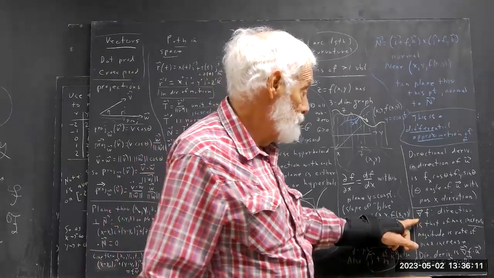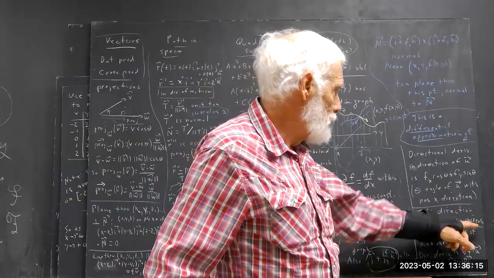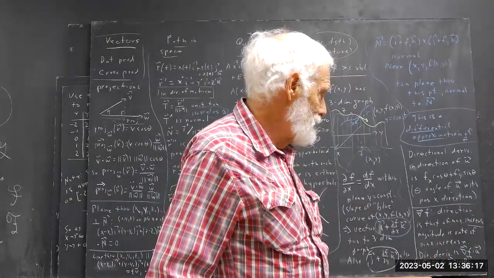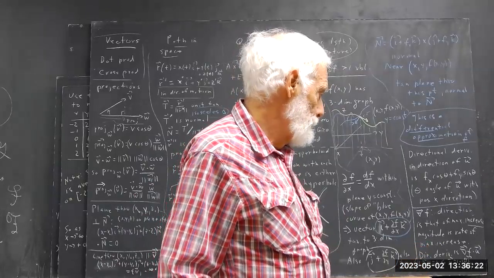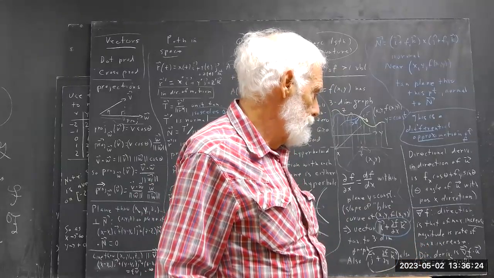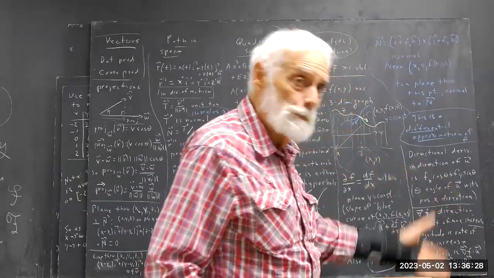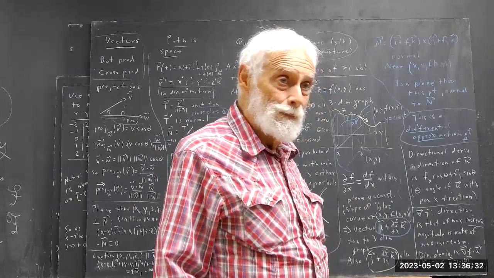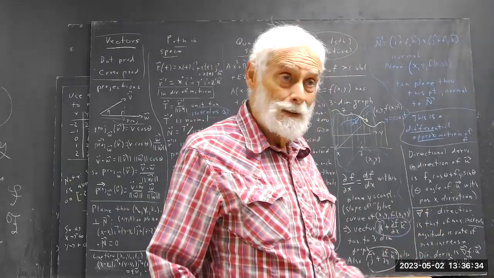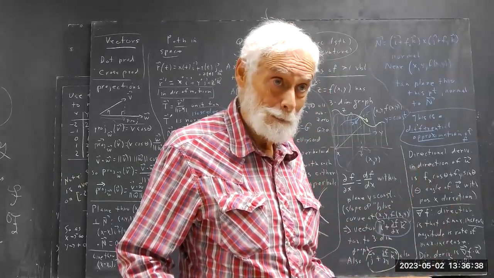All right, well, gradient of f is the direction of maximum increase. Del f is the direction of maximum increase, and the magnitude of del f is the rate of maximum increase.